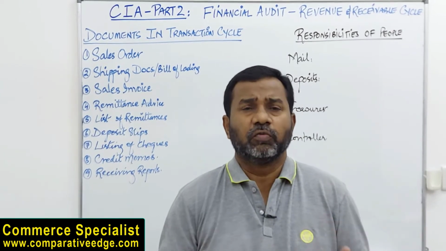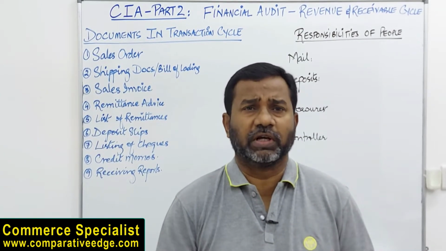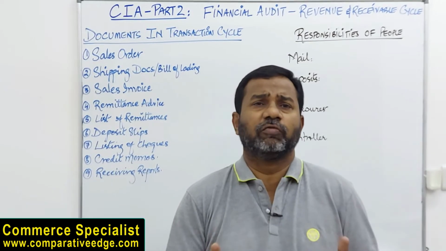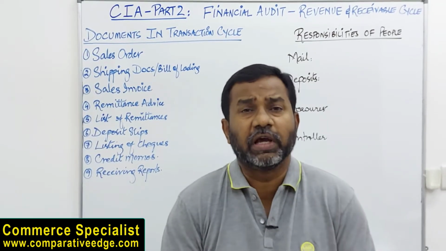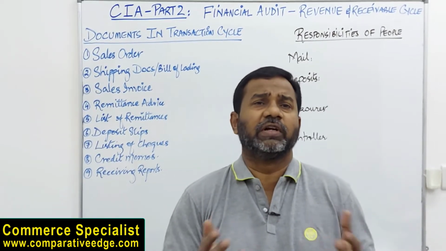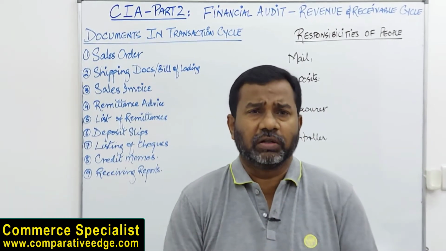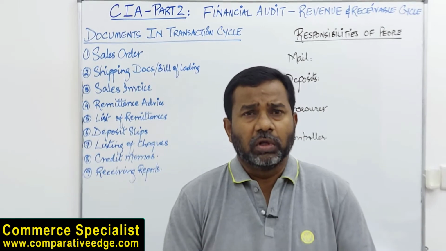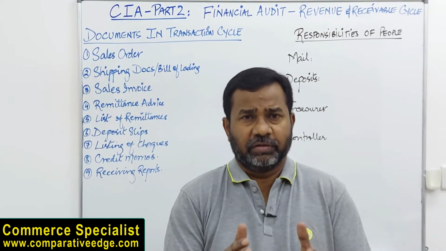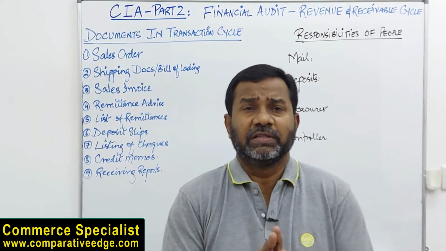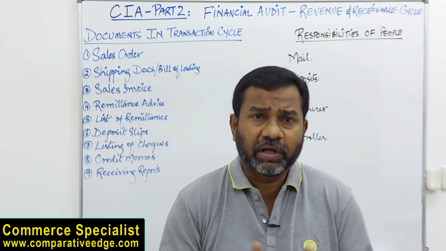So if the sales invoice has been issued to the customer, that means the customer will be paying as per the company's policy. It could be cash on delivery, it could be some credit terms, maybe the customer will pay after 30 days, 15 days, 45 days, depending on the company's policy. So now we need to track whether there is a remittance advice from the customer.